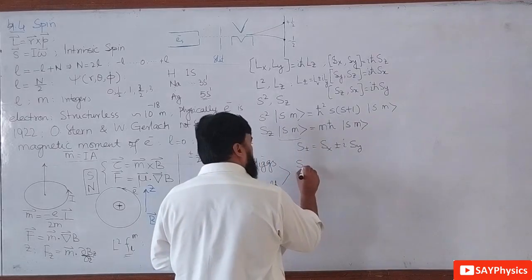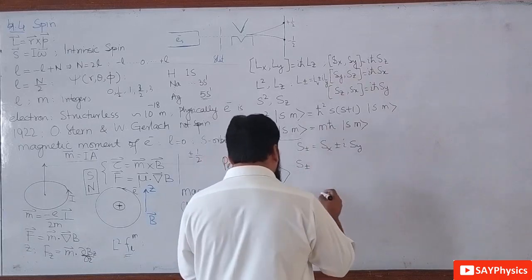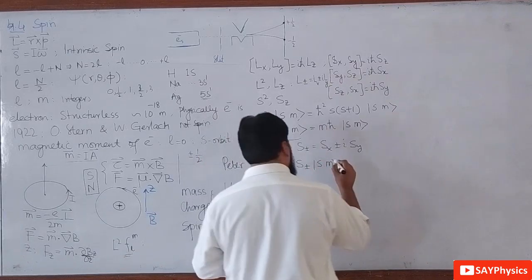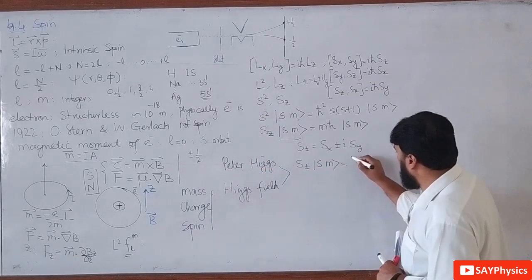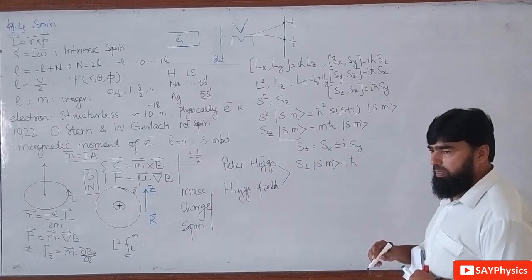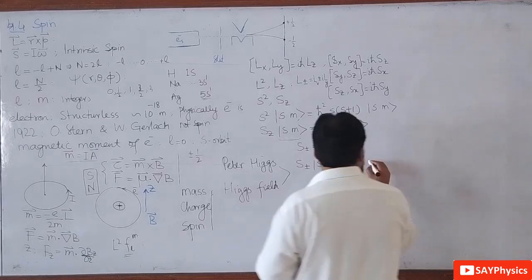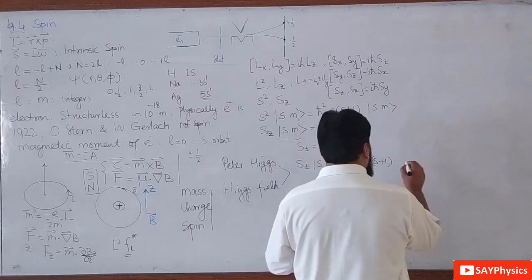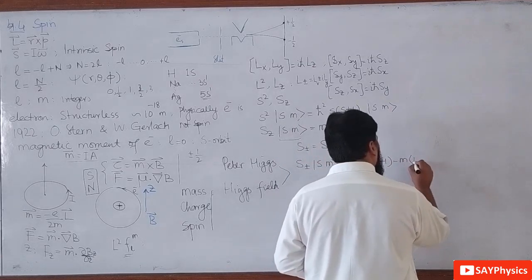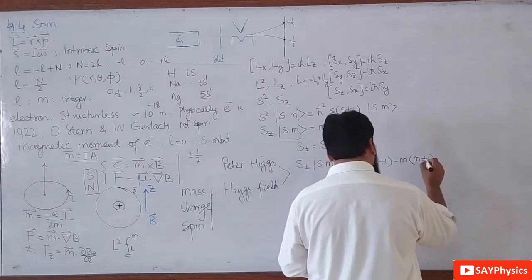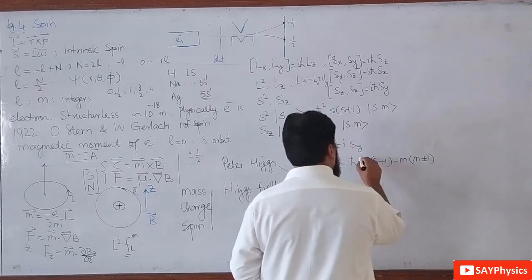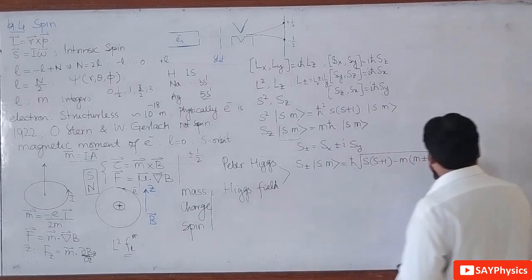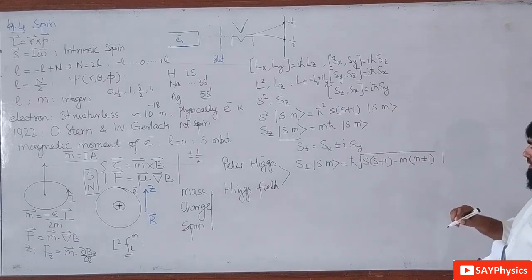When S plus minus operates on an eigenfunction |s, m>, this is equal to h bar square root of s into s plus 1 minus m into m plus minus 1, and then we will have the eigenfunction.